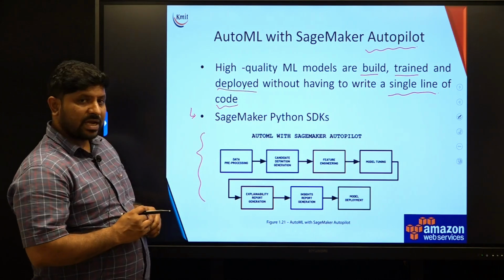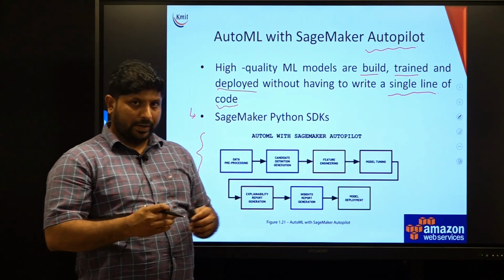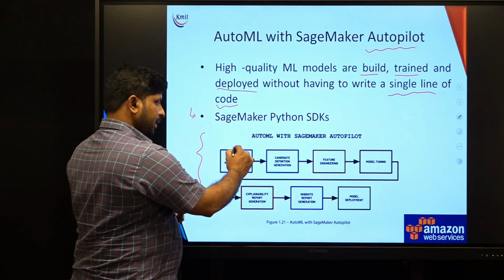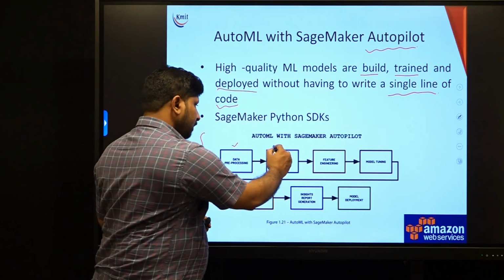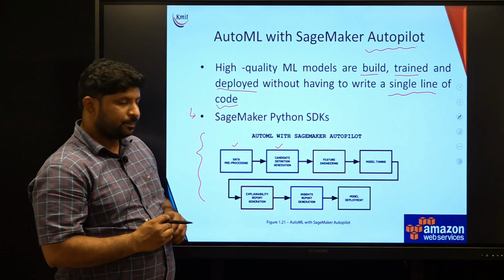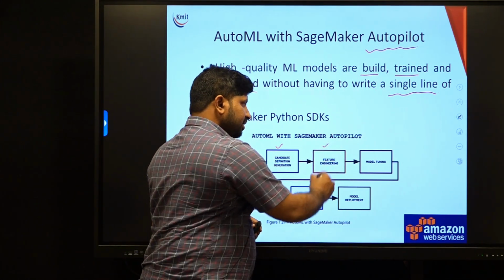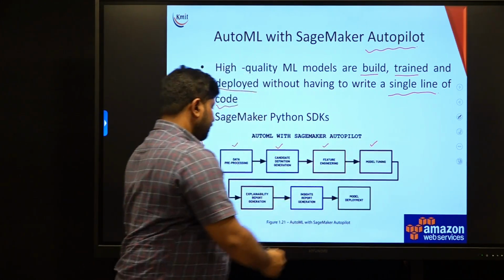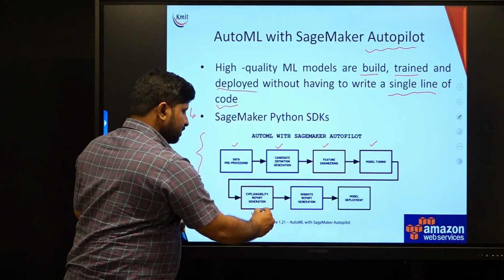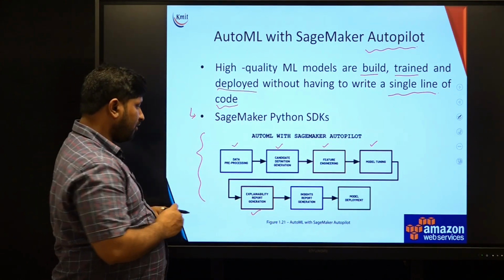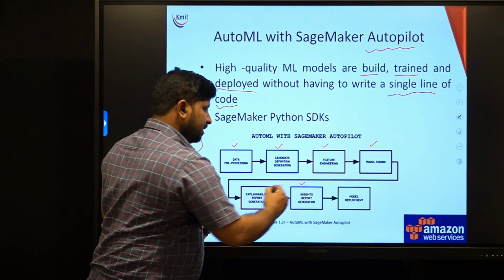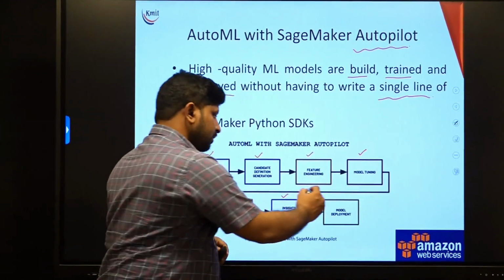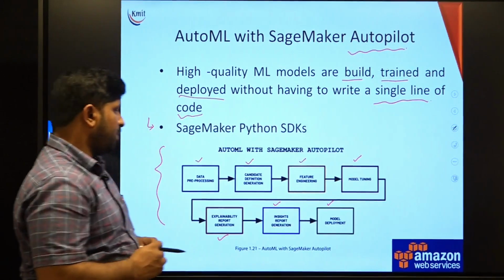These are the steps which happen in the background unknowingly, such as data pre-processing, candidate definition generation, feature engineering, model tuning, explainability report generation, insights report generation and model deployment.